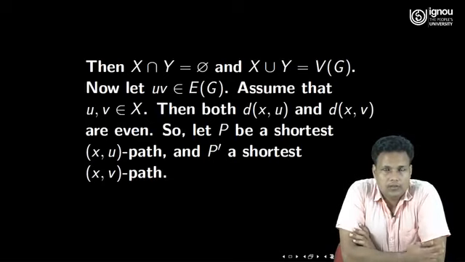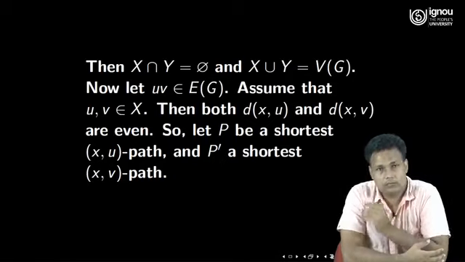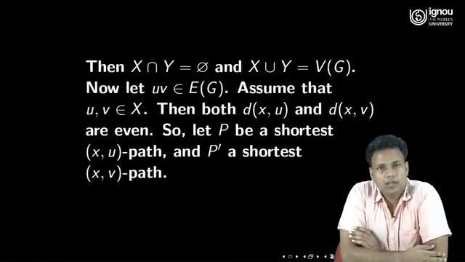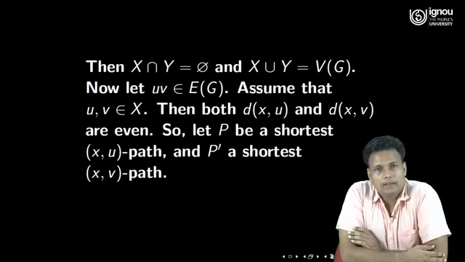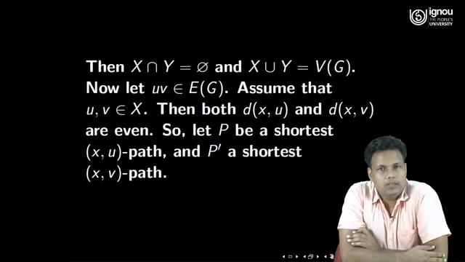You can see that X and Y are disjoint by definition, and their union is also V(G). Now it remains to show that if you take any edge of G, one of its endpoints must be in X and the other endpoint must be in Y.